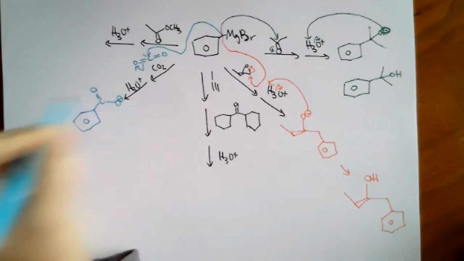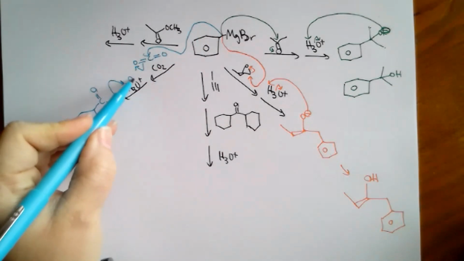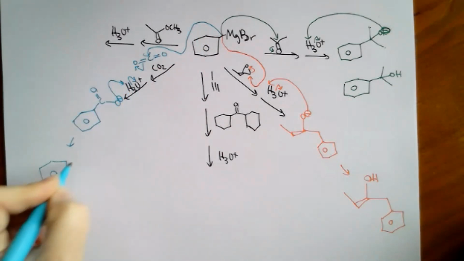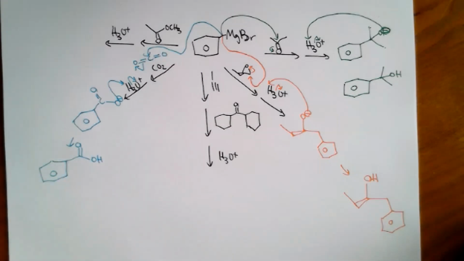You get an O- out of it, and then you do some acid workup to protonate that O- to make benzoic acid. We would have done that exact reaction to make benzoic acid. I think I want you to find an internet video that does it and show me.